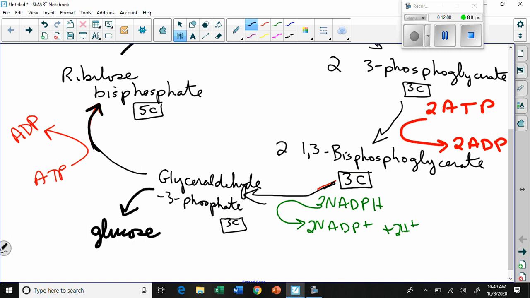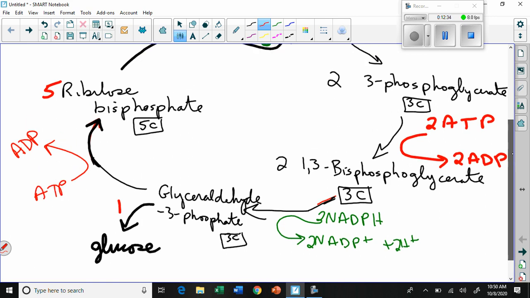We need to have 5 of them that will continue this way in the process, and 1 of them that continues along the path to glucose. So only 1 is going to get pulled out of here to turn into glucose, while the rest are recycled. So how do you get 5 if you only had 2? What actually happens is there's a buildup of bisphosphoglycerate that has to happen.